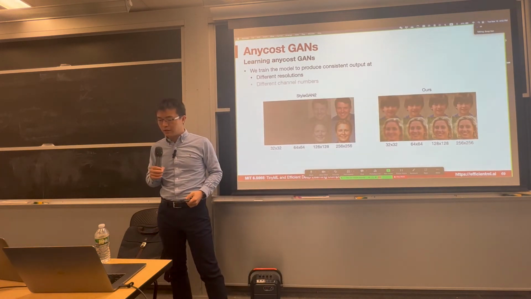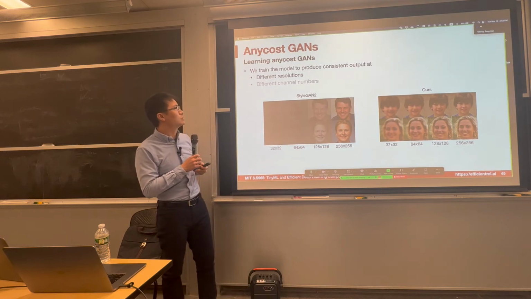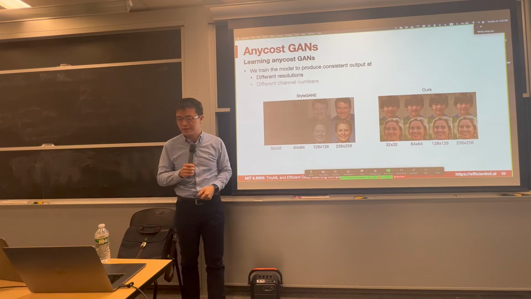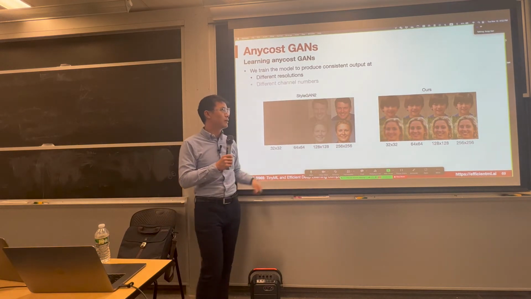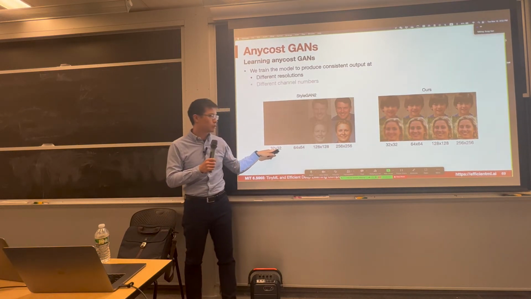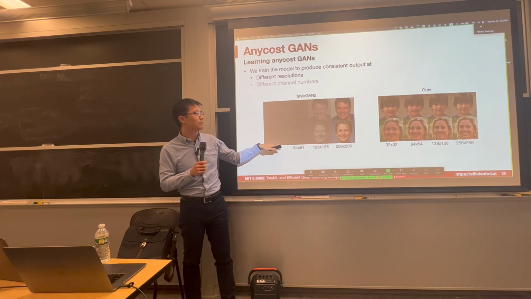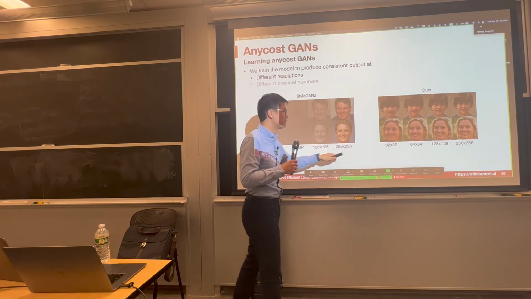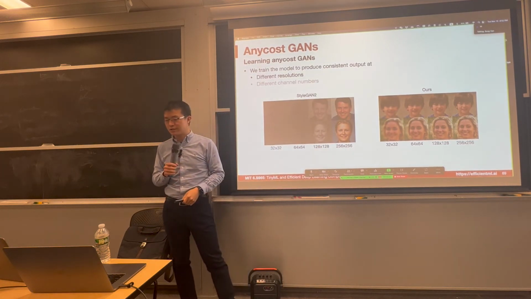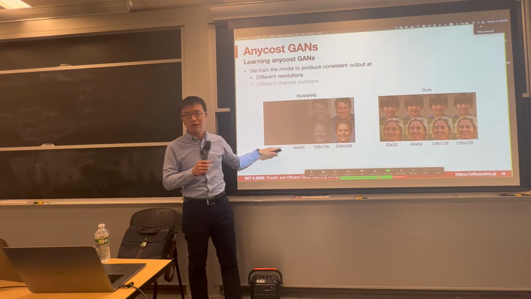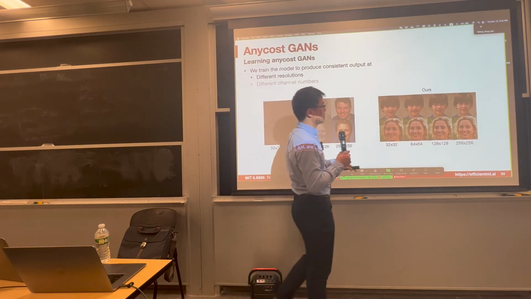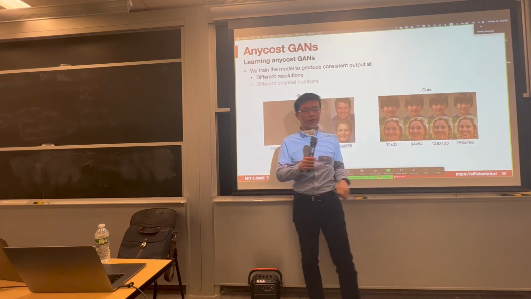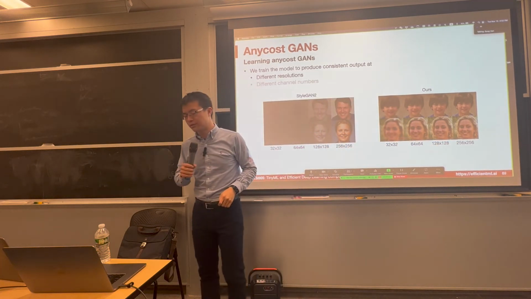So we now have different resolutions, and then we can support different channel numbers. But the problem is that the original method, like StyleGAN2, cannot generate low resolution images. If the model is trained to generate 256 by 256 images, it cannot generate low resolution images. Ours, on the contrary, can generate across 256 or even 32 by 32 resolution images.